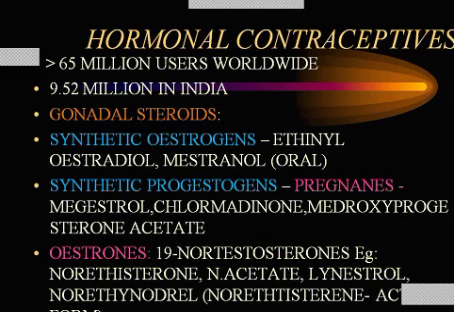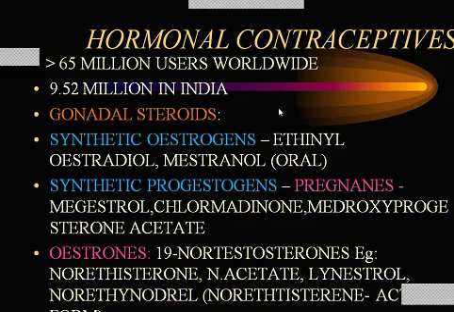The 19-nortestosterones, or norethisterones, are the various contraceptives available under this classification: norethisterone acetate, lynestrenol, norethynodrel. Before they become active, they should be converted into norethisterone. All others, like the acetate and lynestrenol, should be converted into norethisterone before they become active.